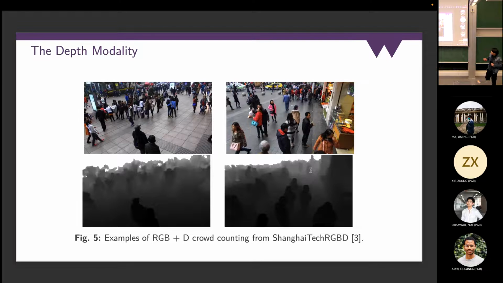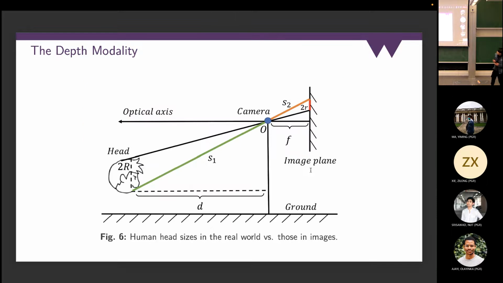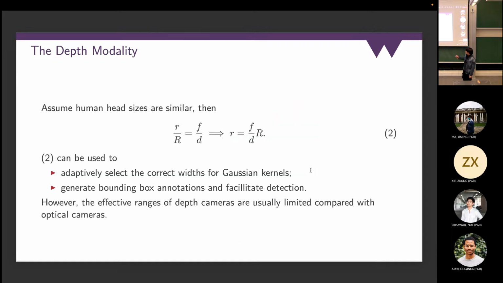So here are some illustrations about the dataset. The images below, on the second row, are the depth maps. And just as I said, the depth value corresponds to the distance between the camera and the people's locations. It's the horizontal distance. If we make a very simple assumption that people in the world all have approximately similar head sizes, then we can simply use the similarity between the two triangles to get this equation.